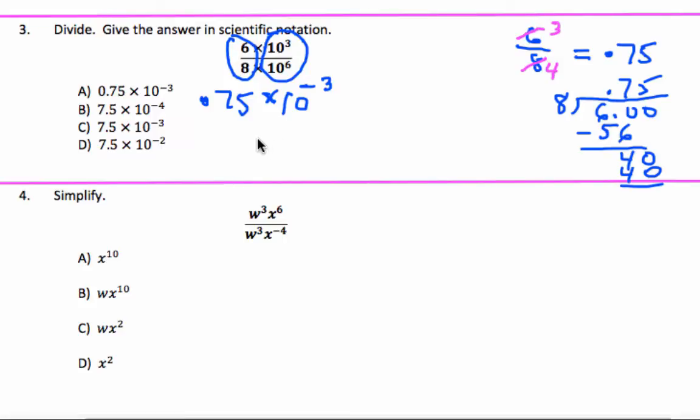To be in scientific notation form, the decimal part of the answer, the 0.75, must be a number between 1 and 10, greater than or equal to 1 and less than 10. So this is less than 1, so we need to figure out a way to make this at least 1. And the way we're going to do it is by moving the decimal point.